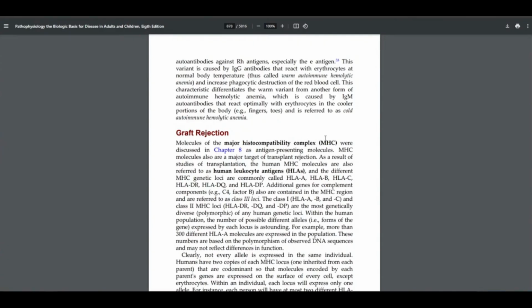This characteristic differentiates the warm variant from another form of autoimmune hemolytic anemia, which is caused by IgM antibodies that react optimally with erythrocytes in the cooler portions of the body, fingers and toes, and is referred to as cold autoimmune hemolytic anemia.